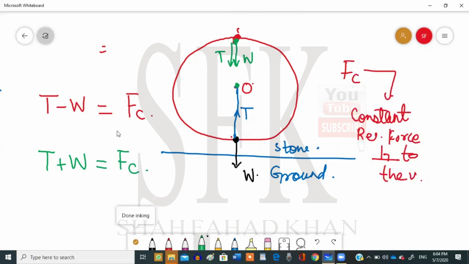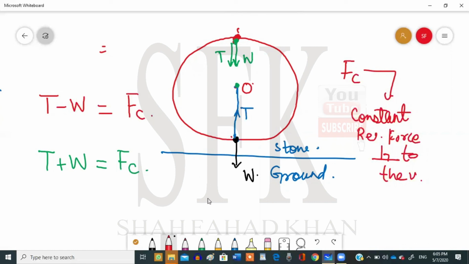So these are the two equations that are very important in the case of a vertical circle, because sometimes the examiner asks you to calculate the centripetal force of an object moving in a circular path, and he just gives you the tension in the string at the lowest point.